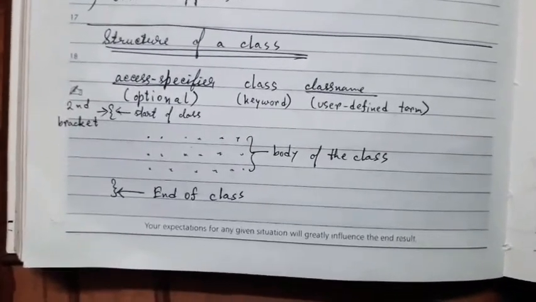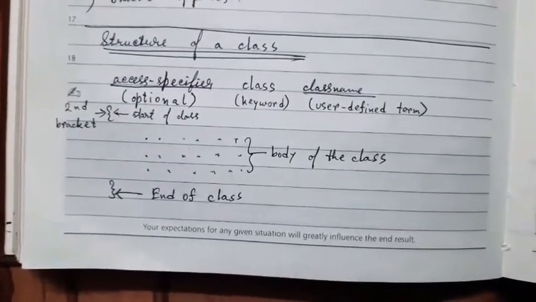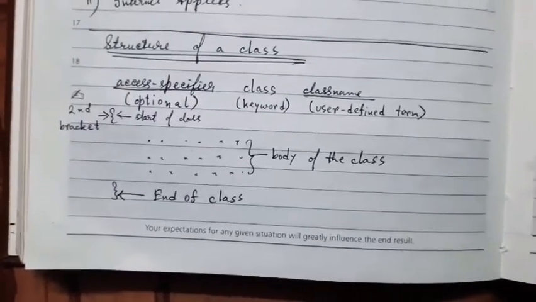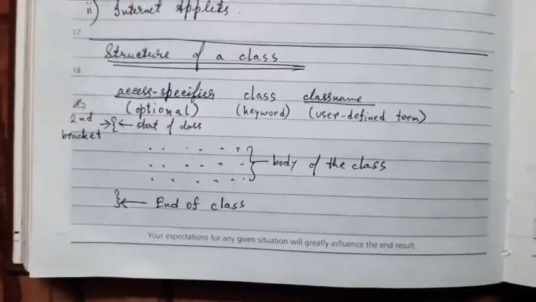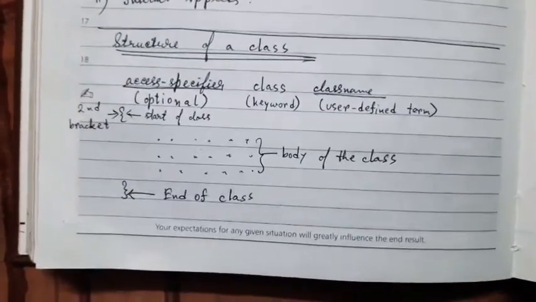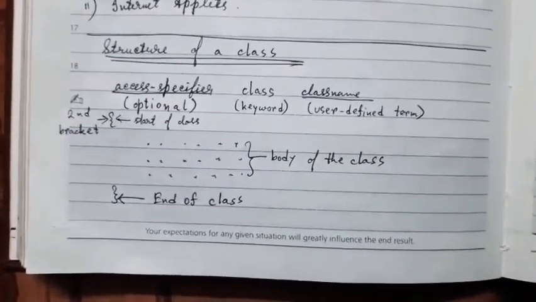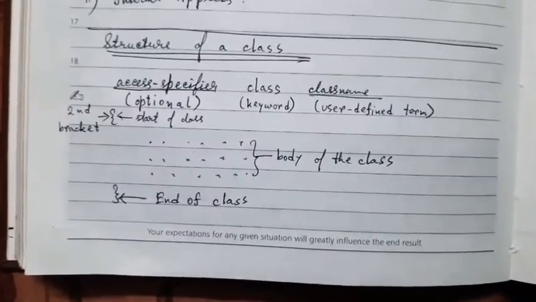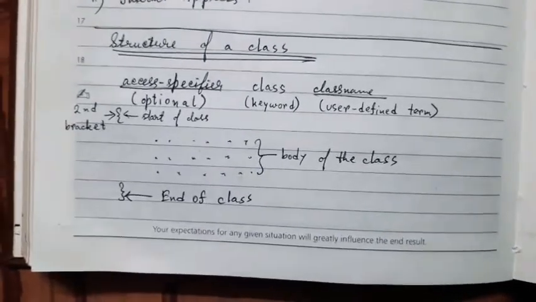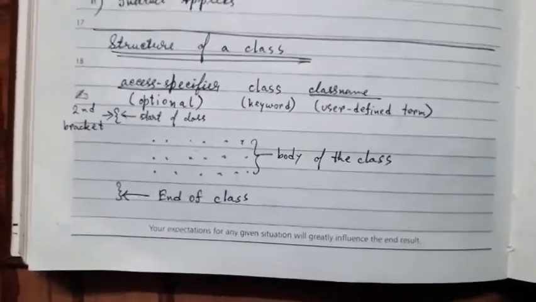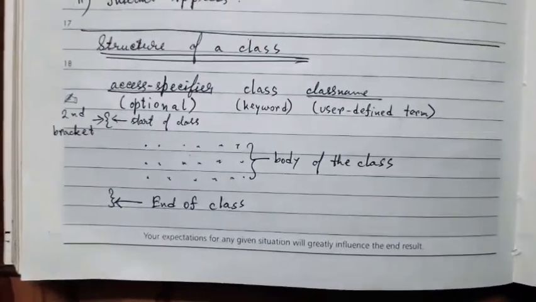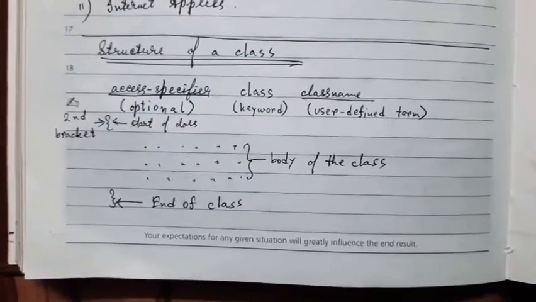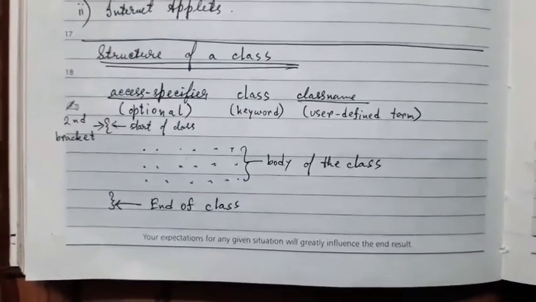You cannot write the word friendly as it is not a keyword, but friendly is the same as public, which means anyone can access this program. Basically we will be using public, not protected, not private, but we'll discuss them later, not now. First it is an access specifier. Suppose public. Then class is a keyword which you have to give, and then the class name is a user defined term.